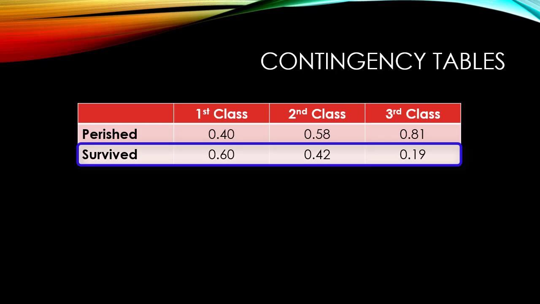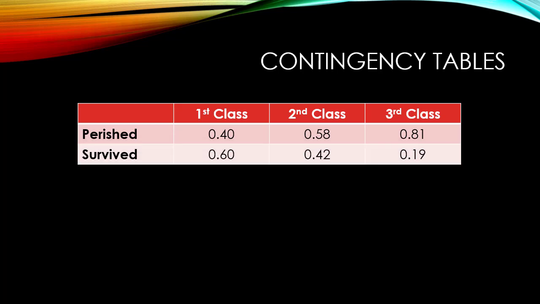There is 60% survival for first class, 42% survival for second class, and 19% survival for third class. Cabin class makes a big difference. How do I know? I know because the proportions for survived are very different for each of the classes. I would consider this quite a large effect, especially considering the context is life or death.